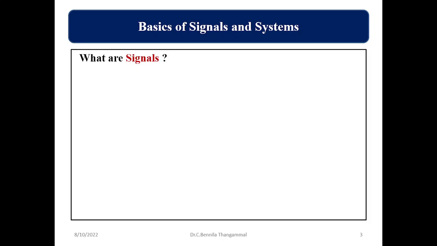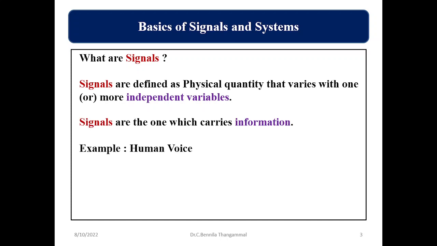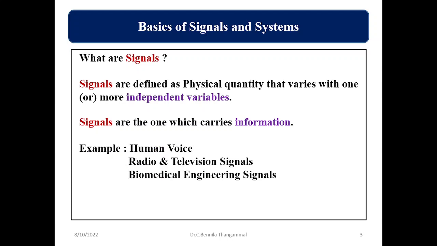What are signals? Signals are defined as physical quantities that vary with one or more independent variables. Signals are the ones which carry information. Examples: human voice, radio and television signals, biomedical engineering signals.